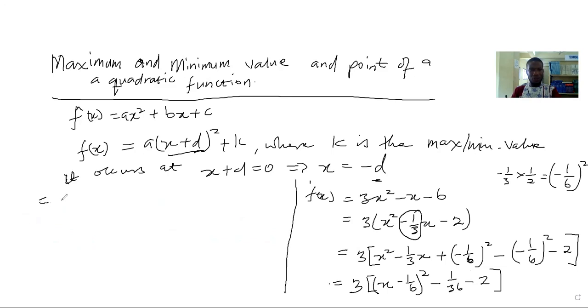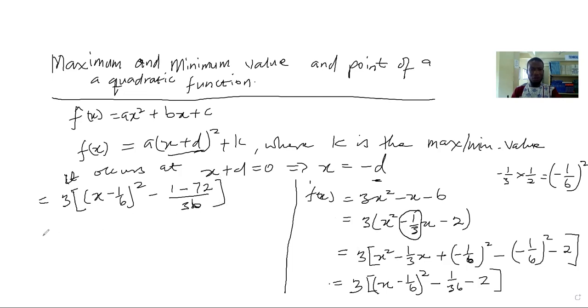So that is going to give us our 3 outside, we open bracket, the first one in parentheses, x minus 1 over 6 all squared, then minus subtraction. So here our LCM is going to be 36. 36 will go into 36 1 times 1 is 1, then minus, this is 2 over 1, so 1 into 36 is 36 times 2, 72.